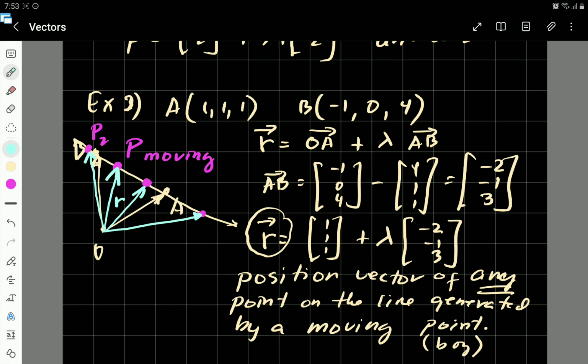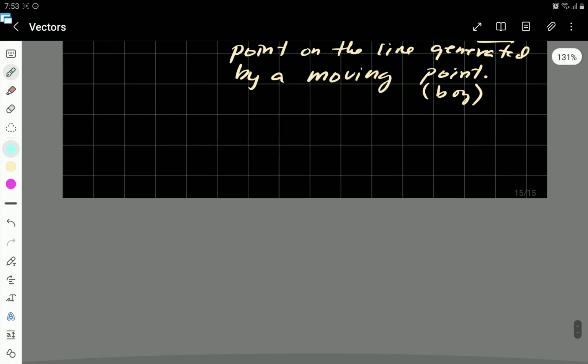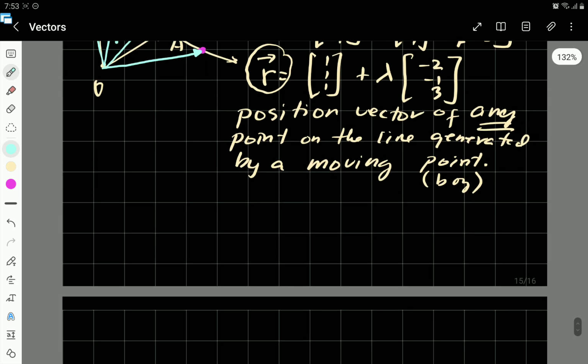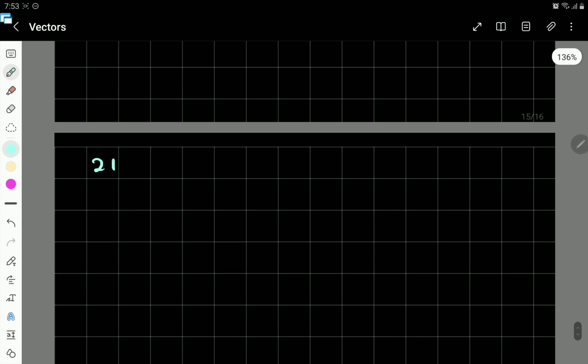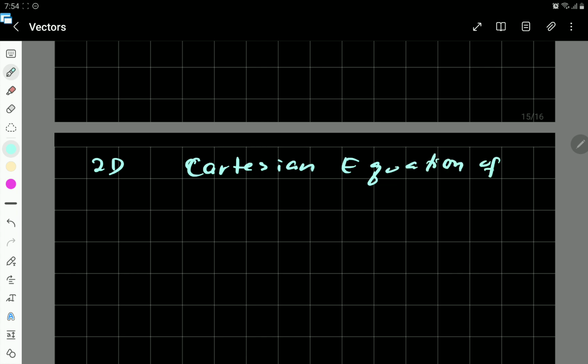Now, you might be wondering, this is not in your book, but I just want to compare. In two dimensions, you have a Cartesian equation of a line in the form y = mx + c.